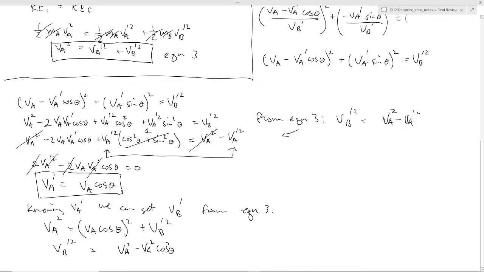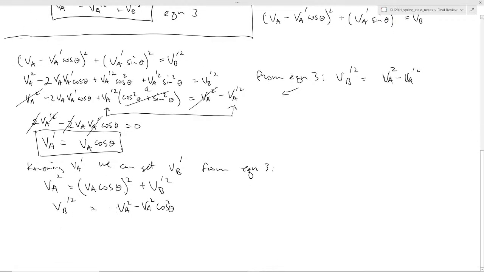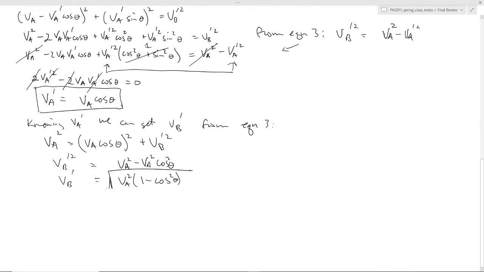And then we would take a square root of that, and we could factor out a factor of VA squared, 1 minus cosine squared theta. So VB prime would be a square root of that situation. In other words, VB prime would be VA times the square root of 1 minus cosine squared theta.